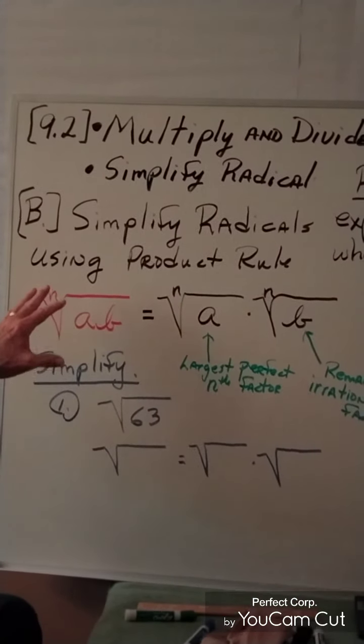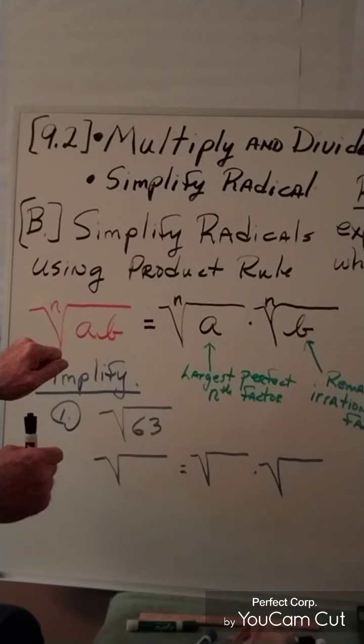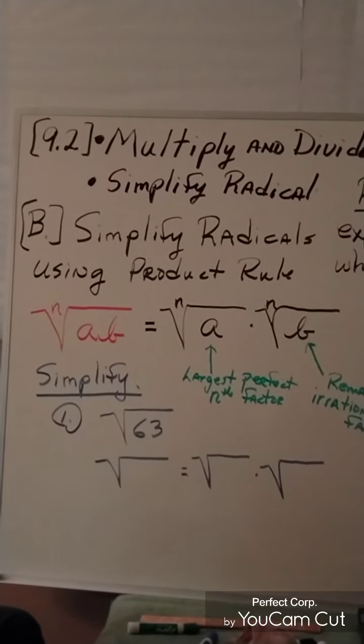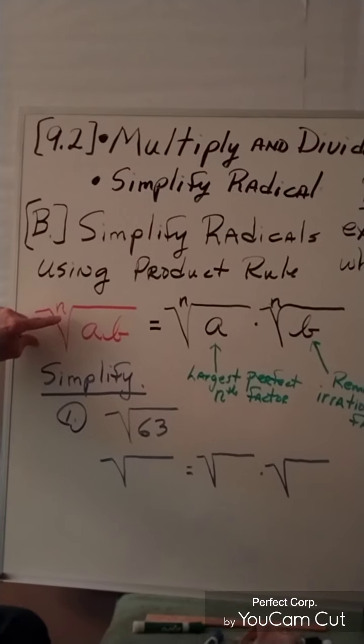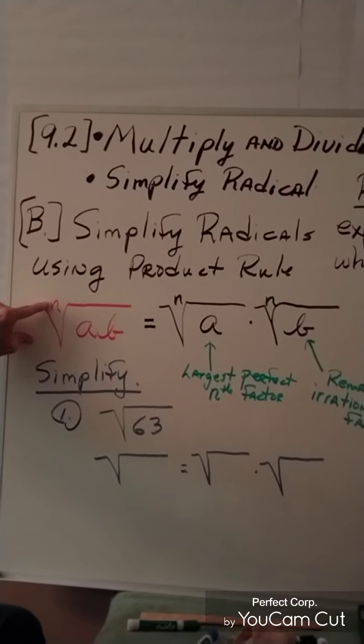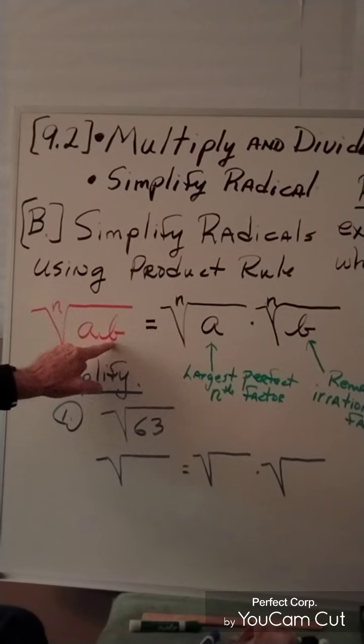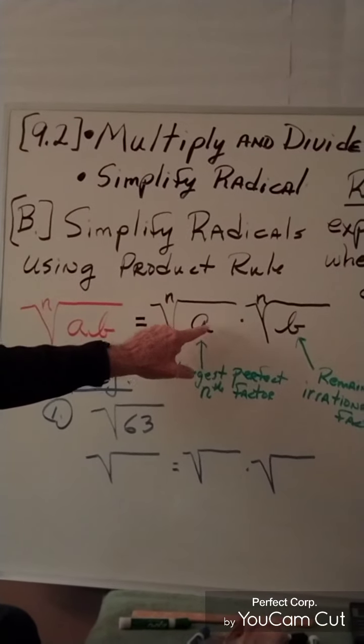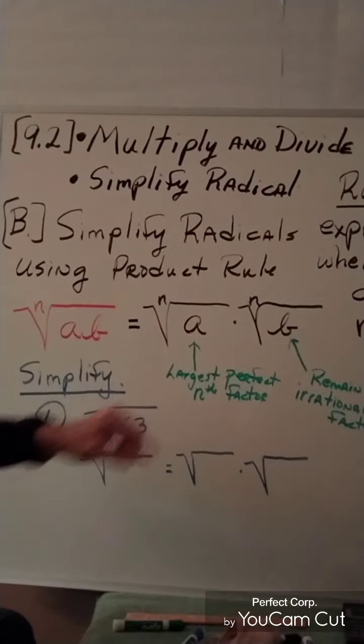But notice that I switched the sides of the equation and I wrote the nth root of the product of A and B is equal to the nth root of A multiplied by the nth root of B.